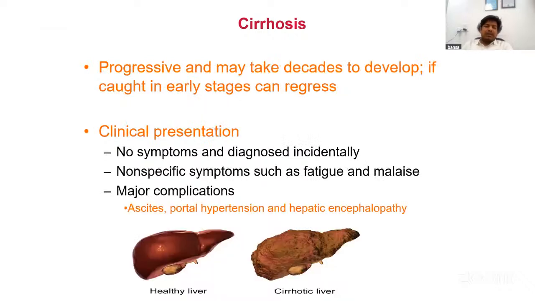As you can see, this is a healthy liver on the left side, and on the right side is a nodular liver with irregular margin. It is a cirrhotic liver. Cirrhosis is a progressive disease and may take decades to develop, and if caught in an early stage, it can regress.